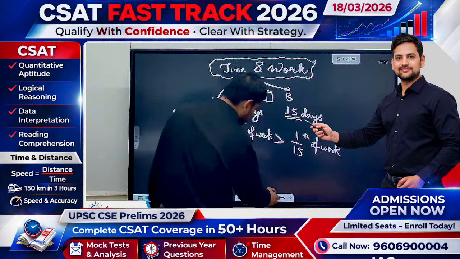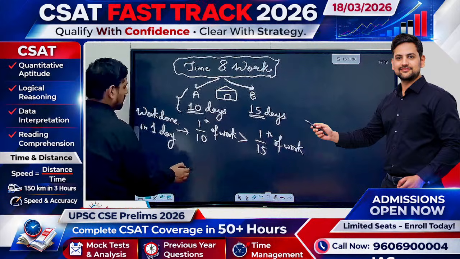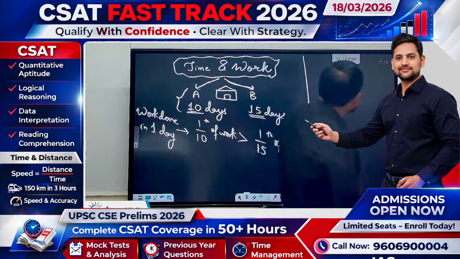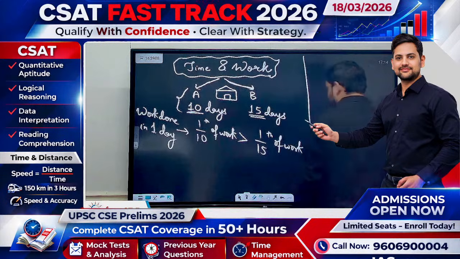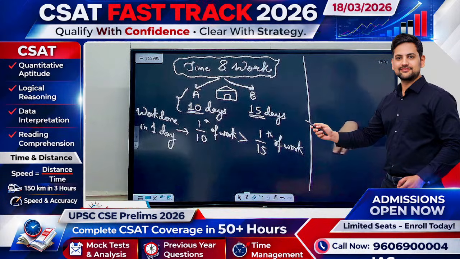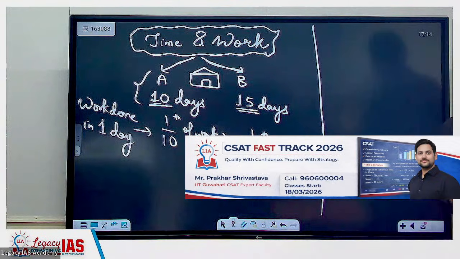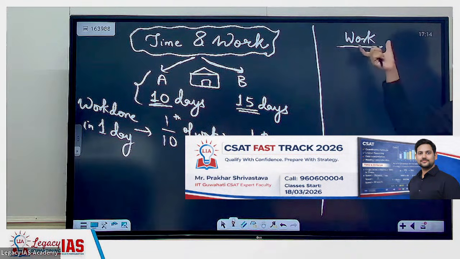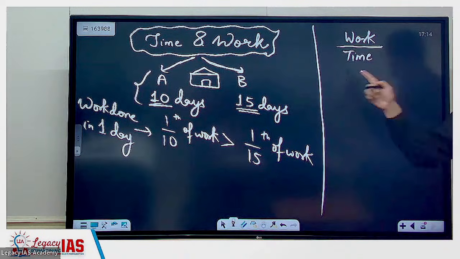Now see this. If I have to calculate the efficiency of anybody, how do I calculate it? Basically, whatever is the total work that is there, divided by the time he takes to do that work.